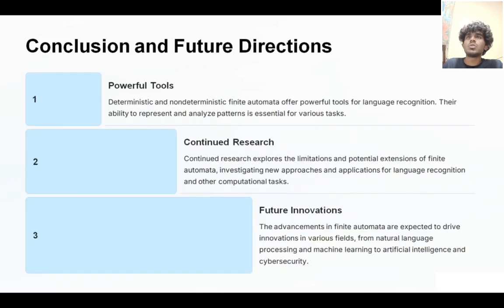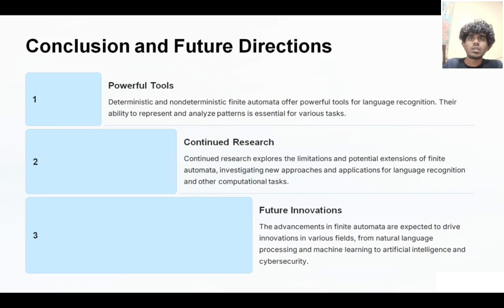Last is conclusion and future directions. Powerful tools: deterministic and non-deterministic finite automata offer powerful tools for language recognition. Their ability to represent and analyze patterns is essential for various tasks.